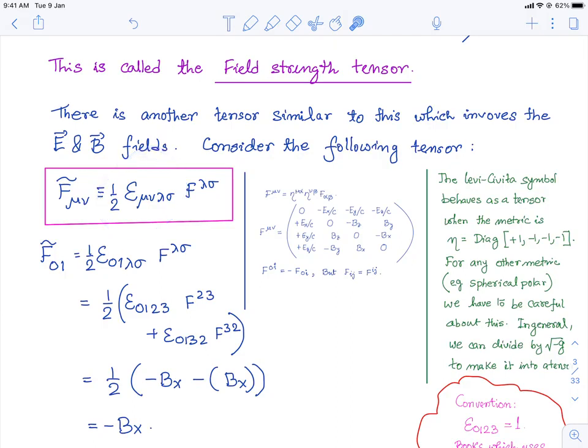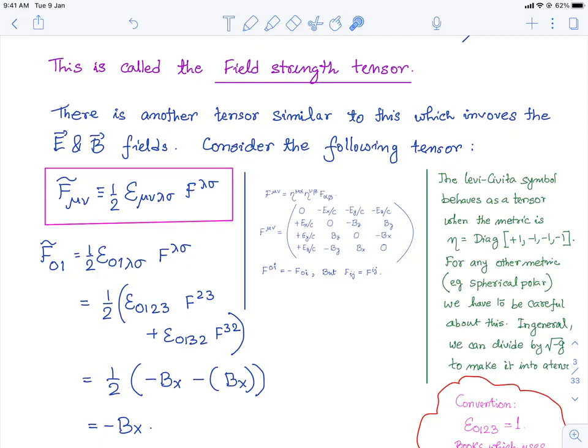So the bottom line is that for the specific case that we are interested in, this Levi-Civita symbol epsilon is also a tensor. But more generally, there can be a completely antisymmetric tensor that can be constructed out of this Levi-Civita symbol by multiplying or dividing with the appropriate factors of root over minus the determinant of the matrix.